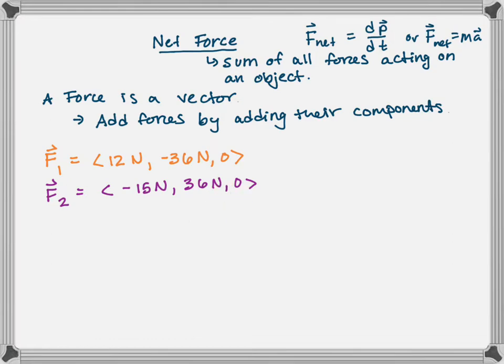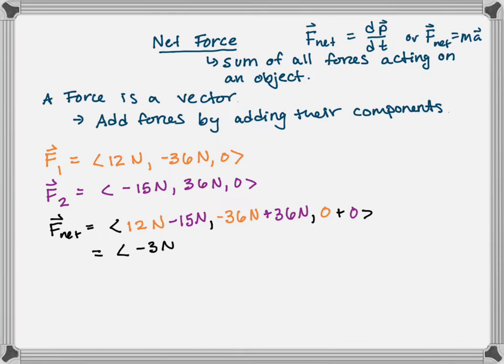In order to add these forces, we actually have to add their components together. So we add the two x components, we add the two y components, and we add the two z components. And when we do this, we see that our sum total is negative 3 newtons x, 0 newtons y, and 0 newtons z. All right, so that's an example where we're given straight up the components of the vector.